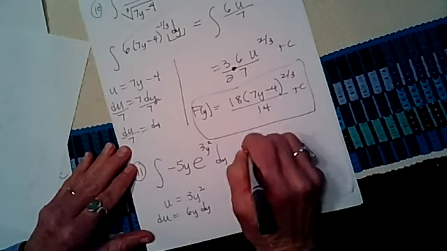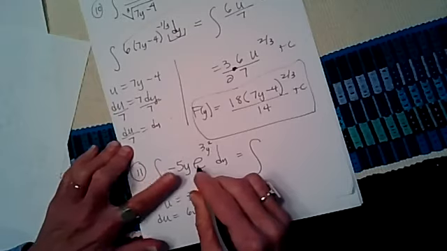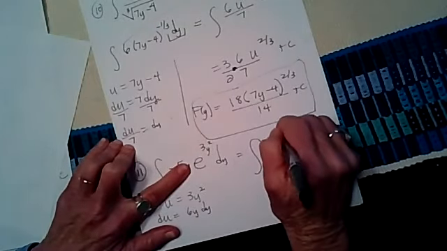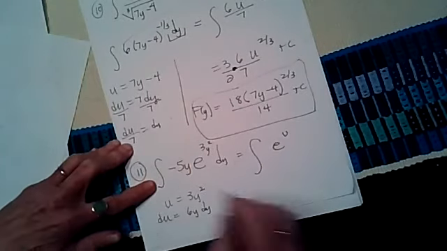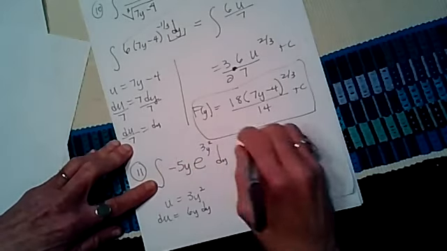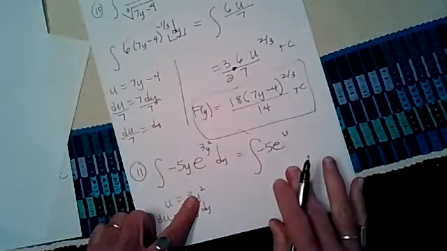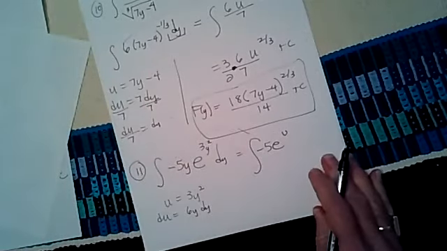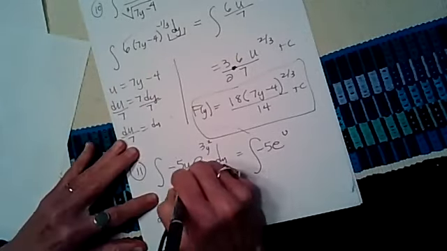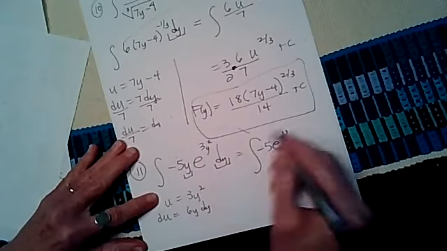Okay, so remember when you have e to a power, instead of u to a power, this is e to the u, okay? I'm going to bring over my constant term, -5. Remember, I can't bring over that y, so I can't mix up my variables. This is all y's, this is all u's.